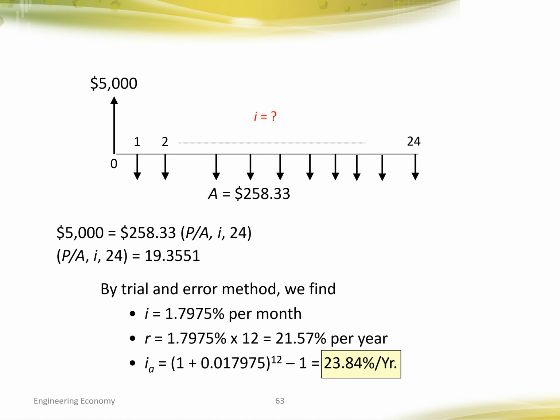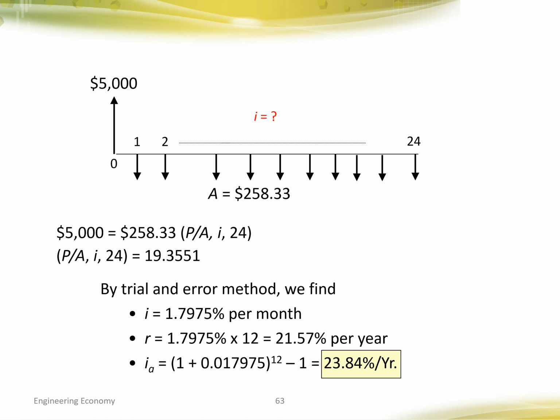Let's look at this, 258.33 over a 24 months period. We got 5,000. We pay out 258.33 24 times. And if we write out the equivalence, what we don't know is i, right?